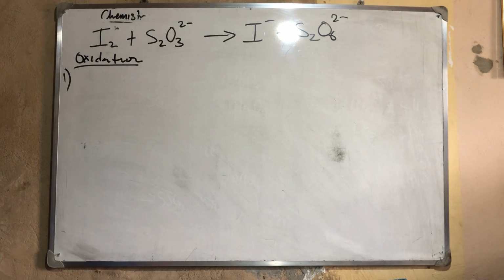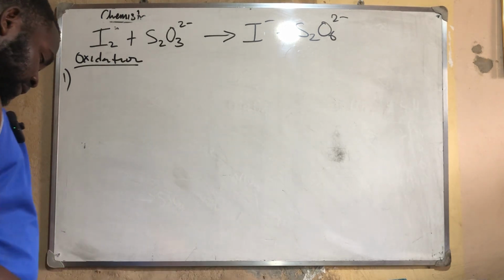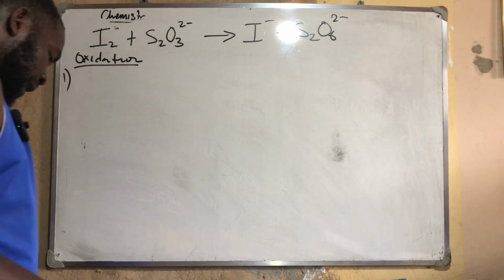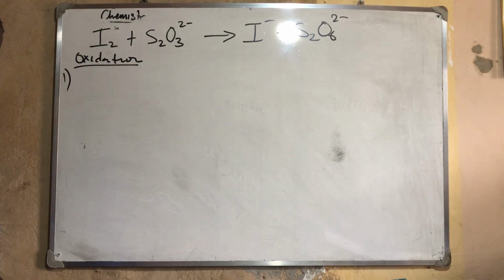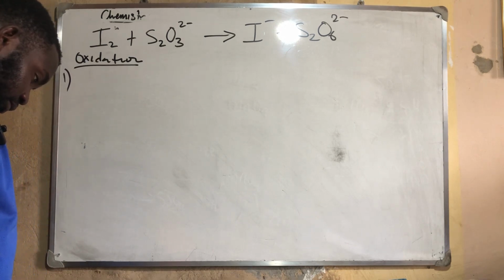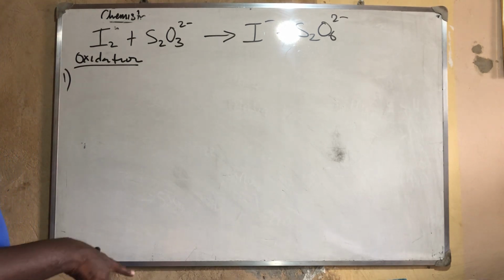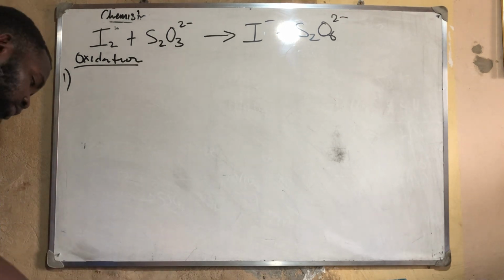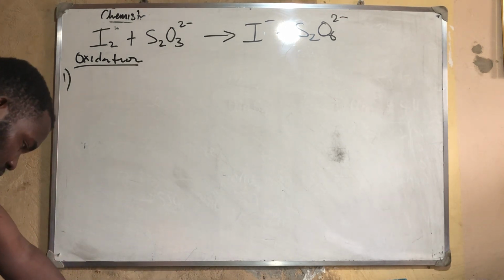Oxidizing agent summary. Number one, donor of oxygen, because they donate oxygen. Acceptor of hydrogen, they accept hydrogen. Donor of non-metal and acceptor of metal. Acceptor of electron. You know that the oxidizing agent is the reduced species, so they accept electrons.